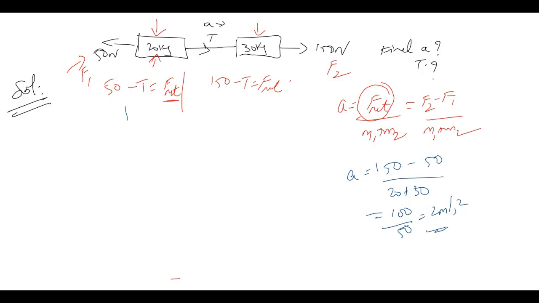From this T is equal to 50 minus F net. F net means F net is nothing but mass into acceleration. Mass is 20, acceleration is 2. 50 minus 40.